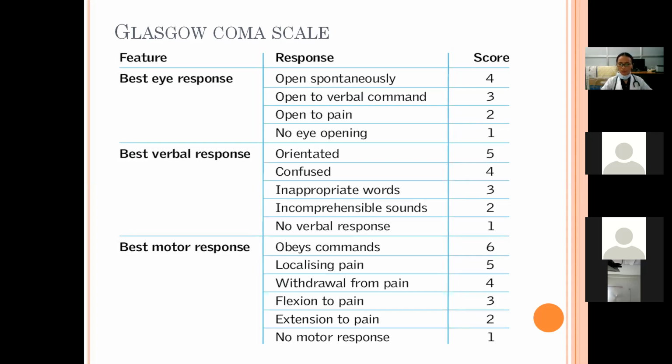That is, there is no eye opening, there is no verbal response, there is no motor response. That is a state of coma. Just giving an indication at this point. So this is the Glasgow Coma Scale.